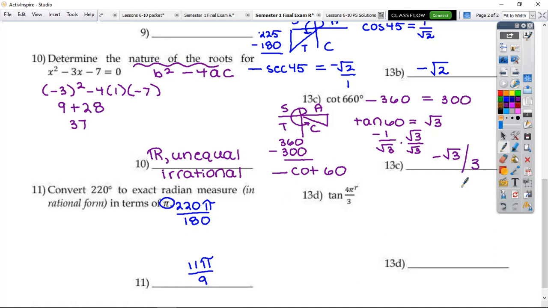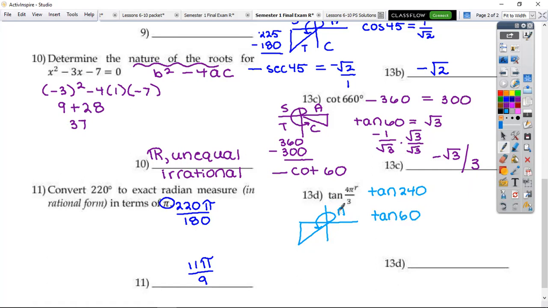Last but not least, 13. What do you suppose you should do with that radian measure first? Convert it to degrees. Yep. So 4 times 180 divided by 3 is 240. All right. Quadrant 3 again. So I'm going to do 240 minus 180, which is tan of 60, which we just did.